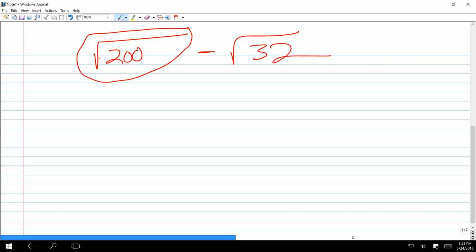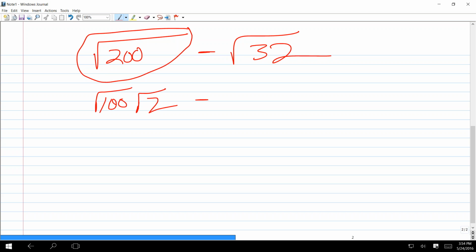If we want to be most efficient, we want it to be the largest perfect square we can get. In other words, what factor of 200 represents the largest perfect square factor? 100. Yeah, so it's 100 times that.